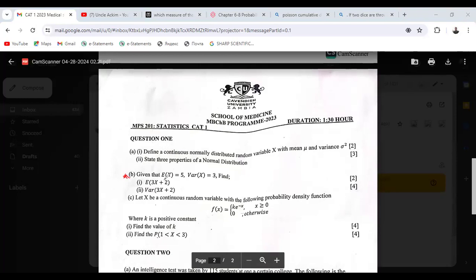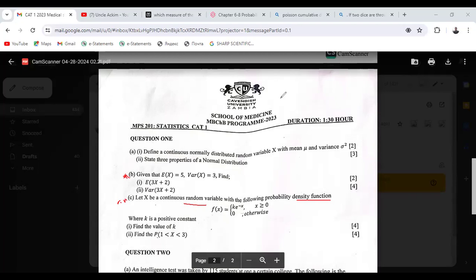Then the other thing that I'm seeing is part C. The one that we are looking at is discrete. Remember, we talked about discrete and continuous. Now, if you look at the part C question here, it's saying let x be a continuous random variable. The following density function is given by this. On this one, I'll explain a bit on how to go about it.